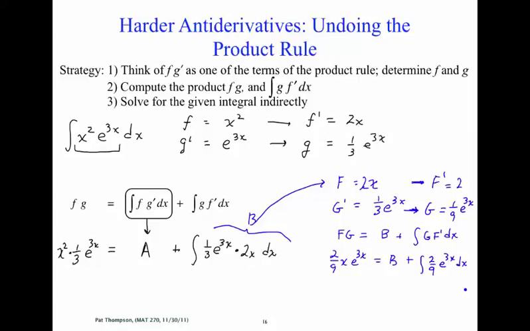You follow? Okay, so B equals this 2/9 x e to 3x minus whatever this antiderivative is. So we're going to need another factor of 1/3, right?